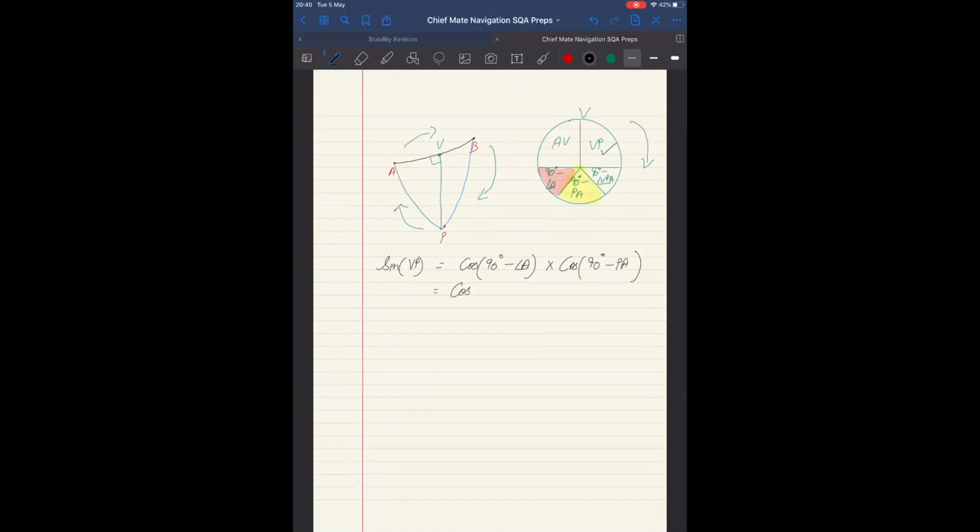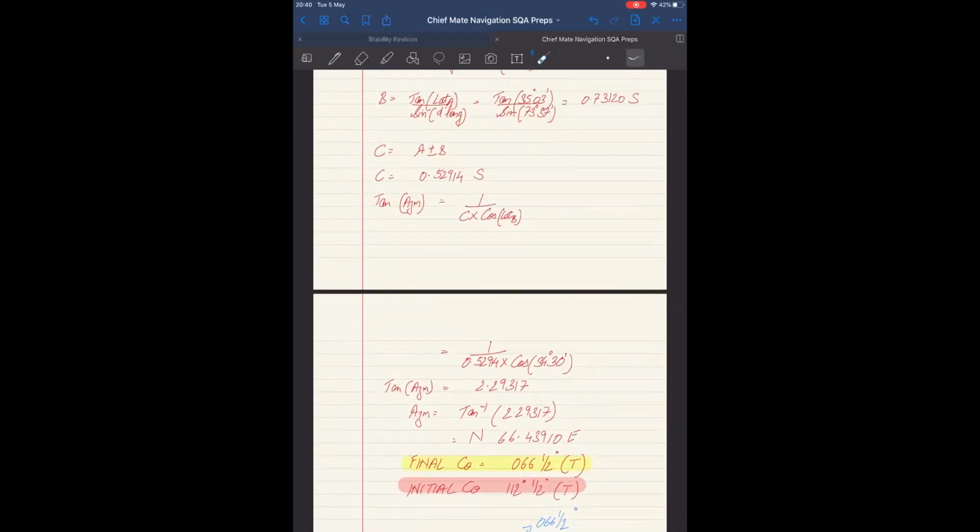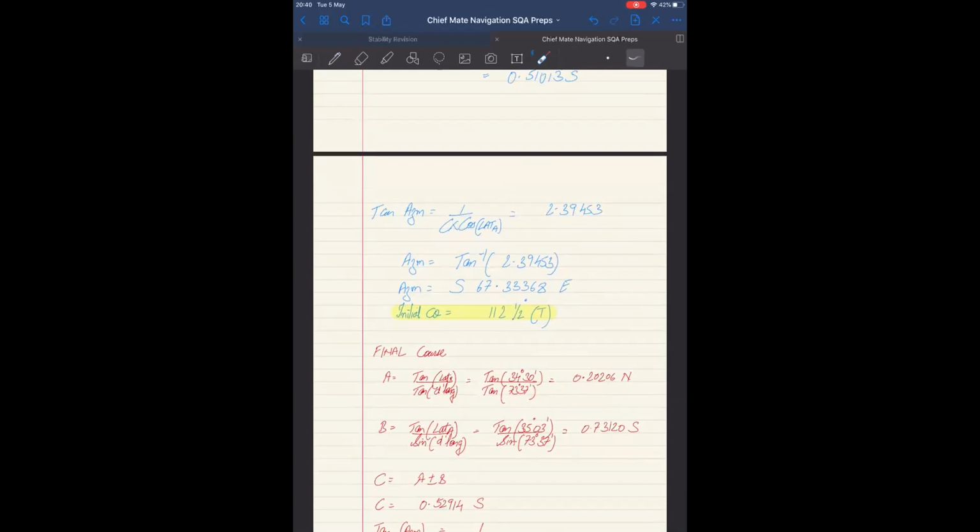So cos of 90 degrees minus angle A. Angle A was our initial course. Now there is something important which I'm going to tell you right now with respect to the SQA examinations. With respect to angle A, when we found our initial course, which was this value, it has been rounded off.